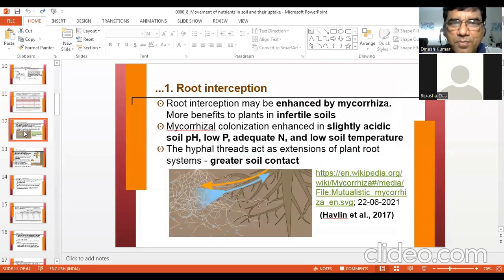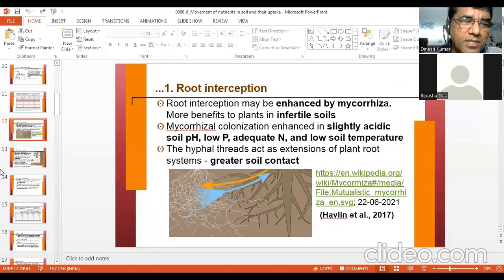It continues. Now, a very interesting fact is that many times our plants, our field crops, are infected by mycorrhiza. So mycorrhiza are important. There are two kinds of mycorrhiza. One is ectomycorrhiza, other is endomycorrhiza.